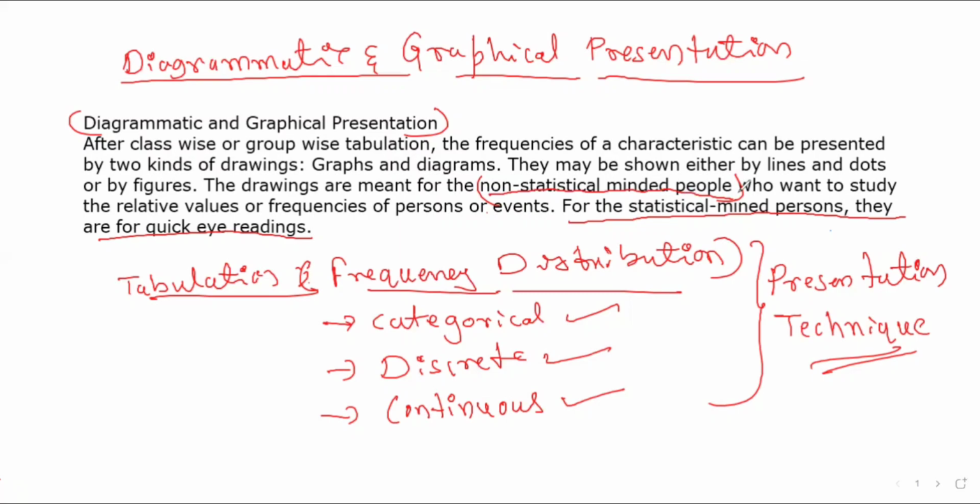They are going to understand and analyze the data with the help of diagrams and graphs. The main motto or main objective of studying graphical or diagrammatical presentation is to represent the data in the form of diagrams as well as graphs, for those who don't have knowledge of statistics.